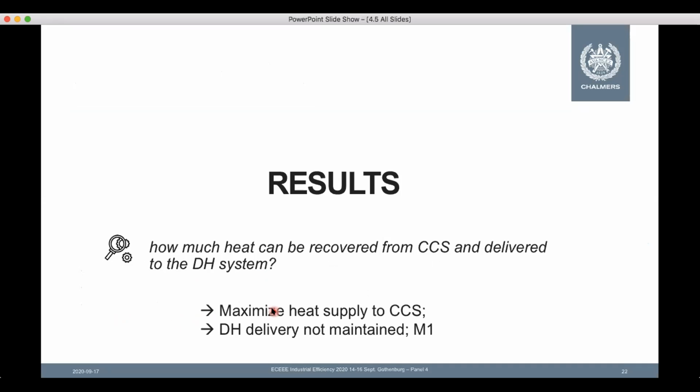Yeah, so results. The first question was how much heat can we recover from CCS and how much can be delivered back to the district heating system. For this, we looked at sizing option 1, so maximize the plant size and send no heat to district heating, send all the excess heat from the process to CCS, and then see what would be left for district heating.